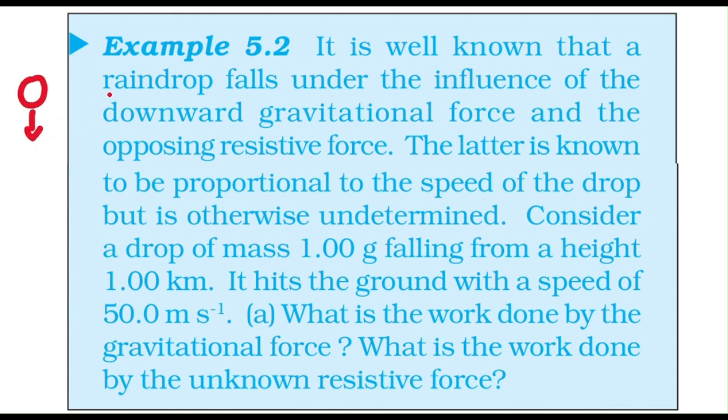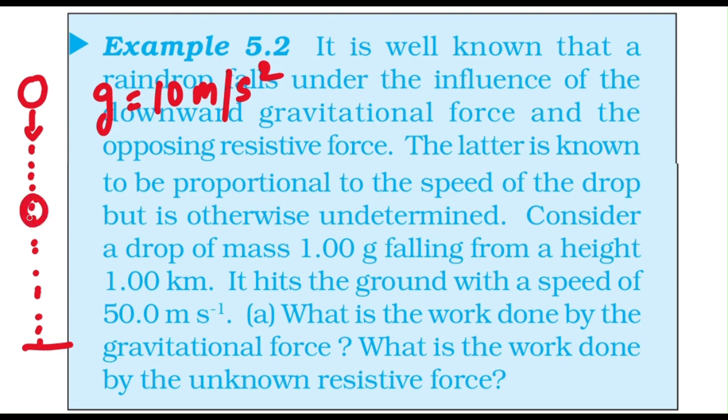It accelerates with the acceleration due to gravity, which we can take here for simplicity as 10 meter per second squared. Then it will keep accelerating. But there is another force acting on this raindrop, which is the drag or resistive force due to air. That drag force opposes its motion, and the force is proportional to the speed of this drop.